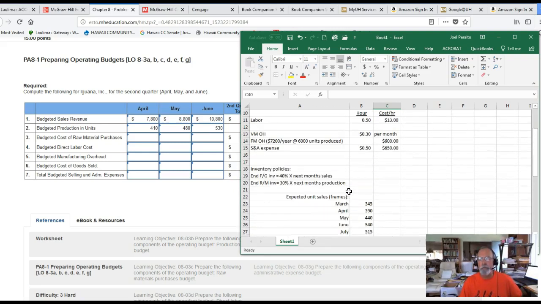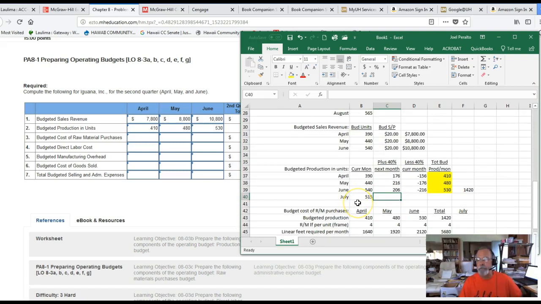So that would have been August was 565. So this would have been 565 times 0.4, plus 565 times 0.4, and this would have been the current 515 times 0.4, plus 515 times 0.4.